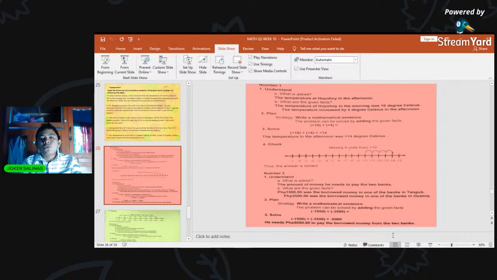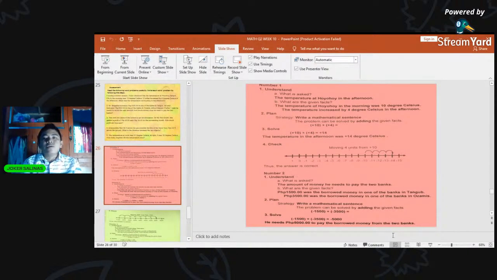In number 2, the answer is negative 5,000. So 1,500 for the borrowed money in one of the banks in Tangub, then 3,500 was the borrowed money in one of the banks in Osamis.